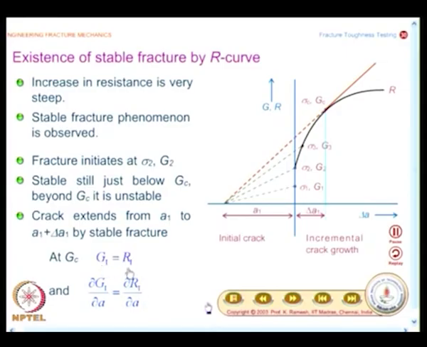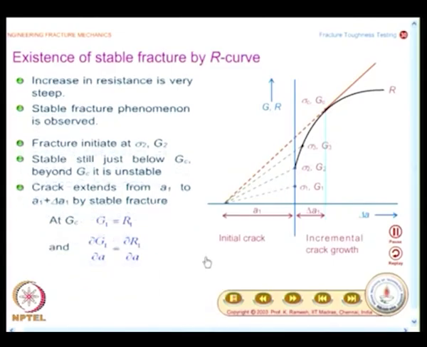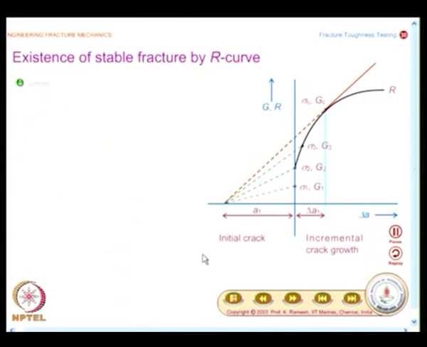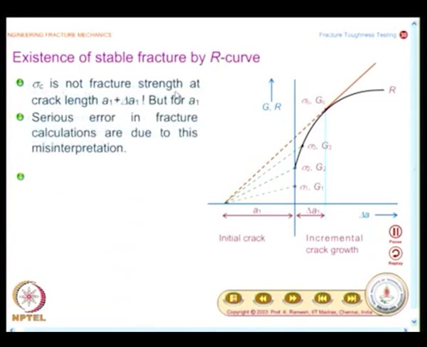G should be equal to R, that is the necessary condition, and the sufficient condition is dou G divided by dou A equal to dou R by dou A. So, that is satisfied when it becomes a tangent, and the issue you look at in the literature is sigma c is not the fracture strength at crack length A1 plus delta A1, but it is for A1.